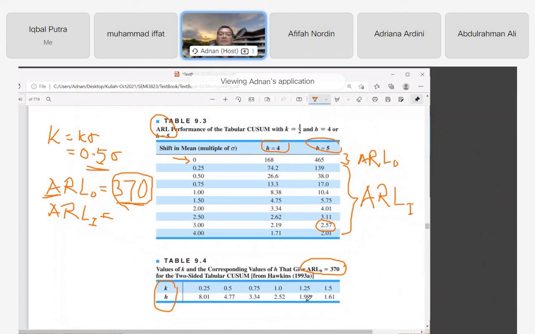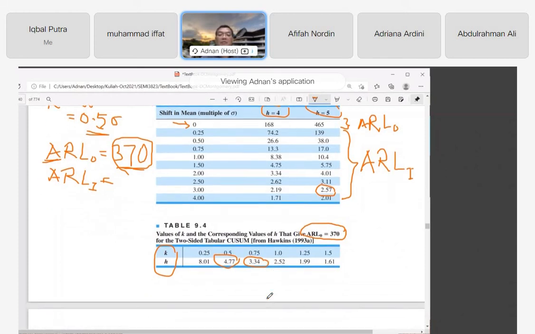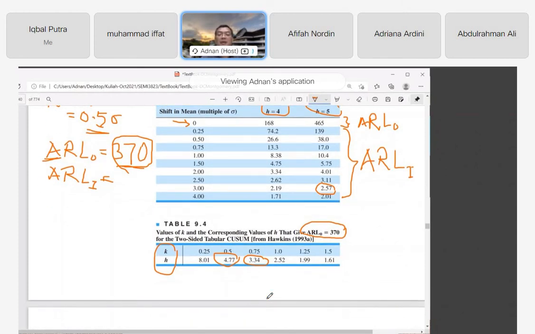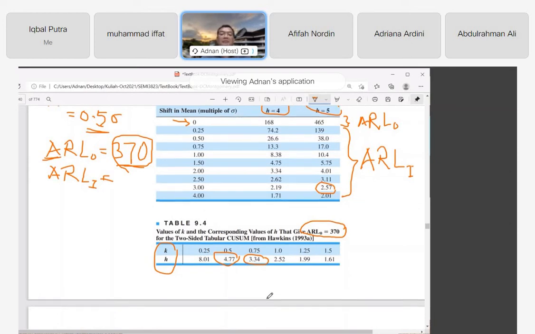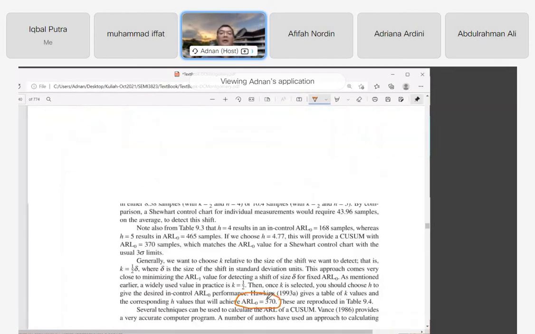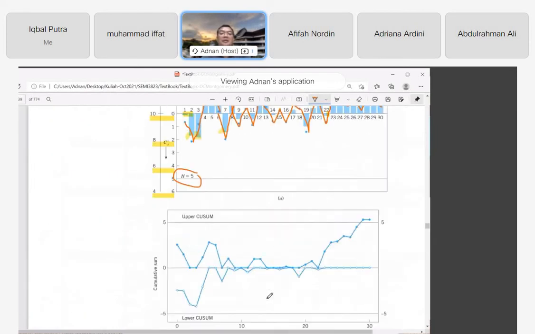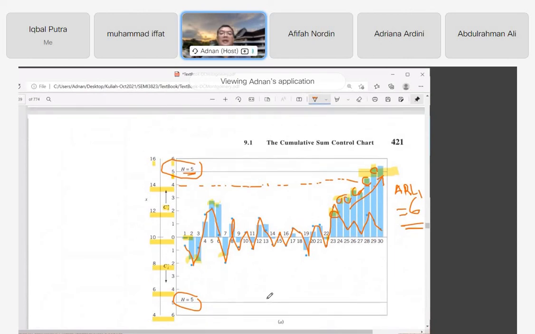You can have the H value somewhere at 4, or 3. The problem is when you have a smaller value of H, you will maybe have a tendency to have false alarms as well. So we need to strike a balance between having an effective control chart and having unnecessary false alarms. That is the selection of H and K values.